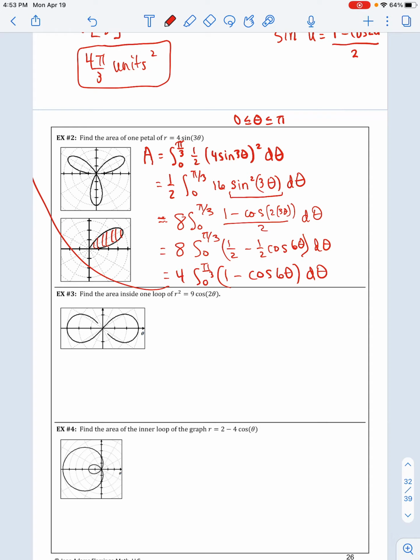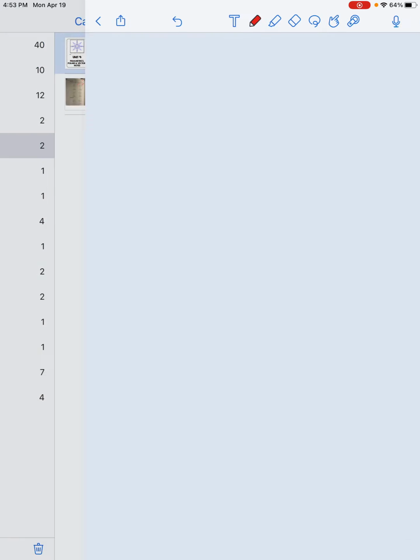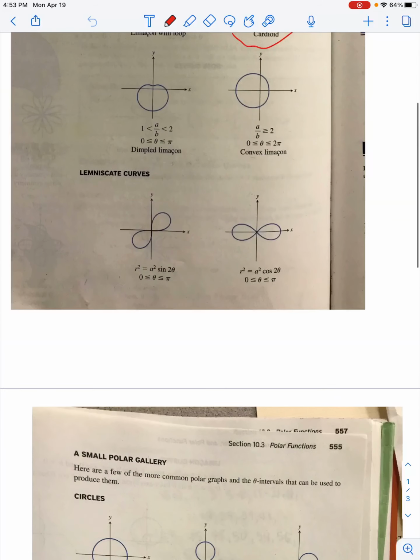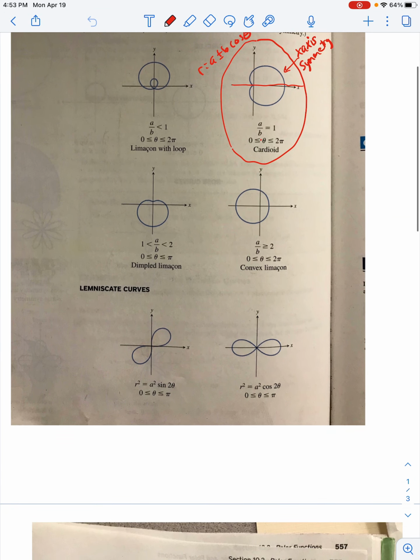Find the area inside one loop of r squared equals 9 cosine 2 theta. Okay, so I want to show you one of these in our polar functions.